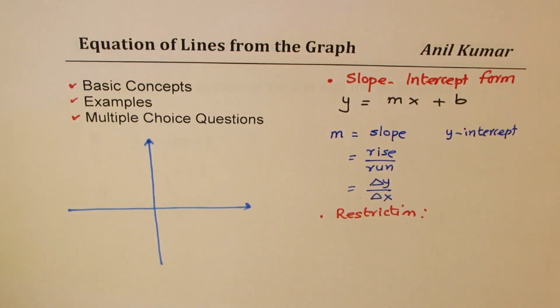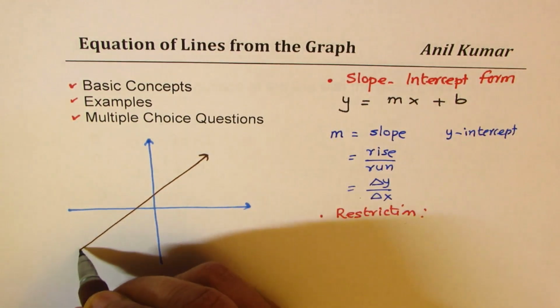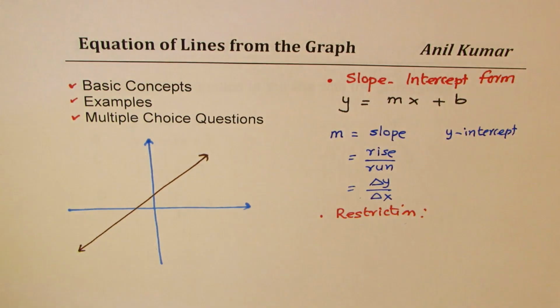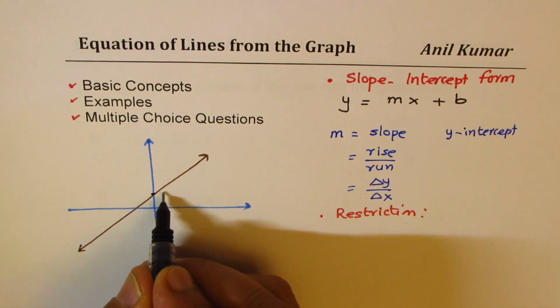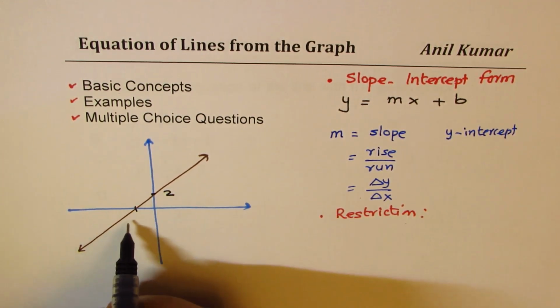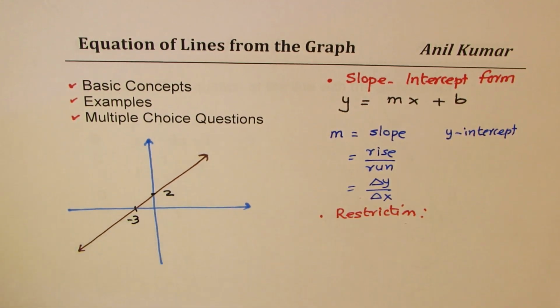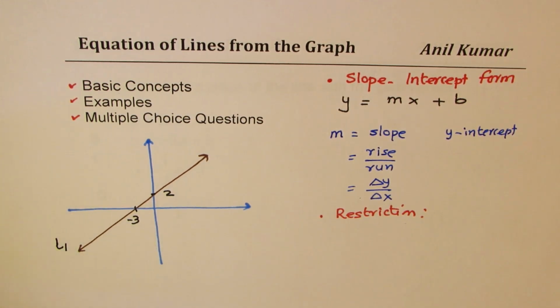Let me sketch one line first, which is rising, meaning positive slope, going from left side to right side. Let us say that y-intercept is 2 and x-intercept is, let's take this as minus 3. Let me call this line 1.